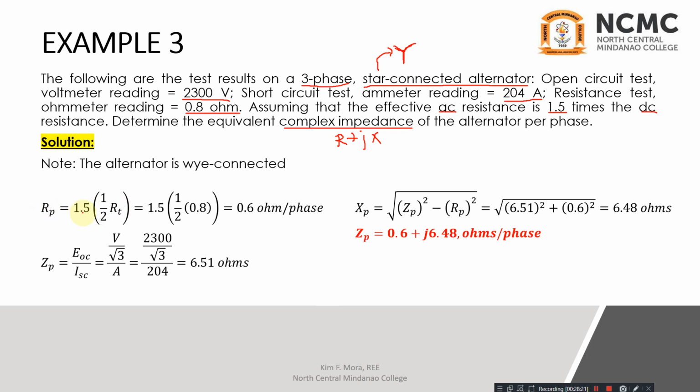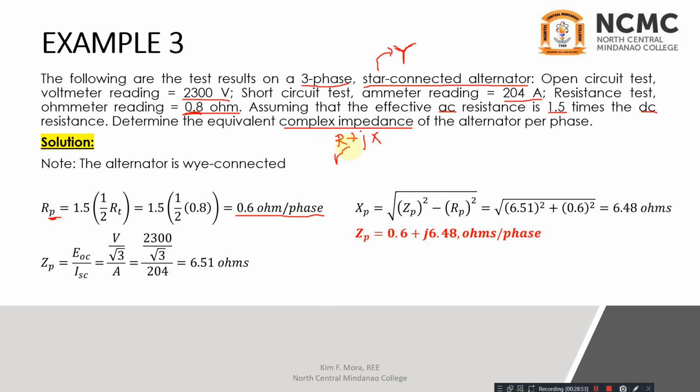So you multiply it by 1.5 with the one half RT. Then we substitute the value of our RT, which is 0.8 ohms. So one half times 0.8 times 1.5 is equal to 0.6 ohms per phase. So that is the per phase resistance.